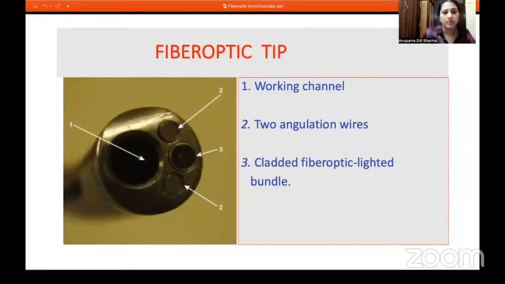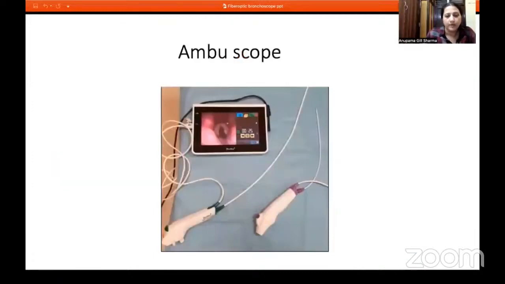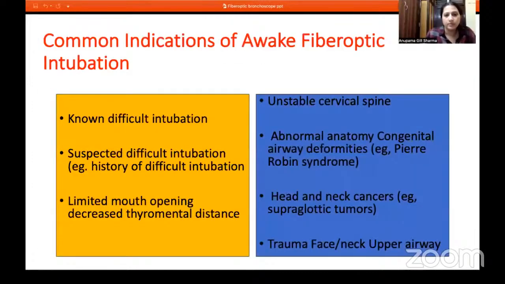Sterilization has to be thorough, because there can be chances of cross contamination if it is used between patients and not sterilized properly. Also, the cost of damage repair is quite high. So I'll be focusing only on the fiber optic scope today.